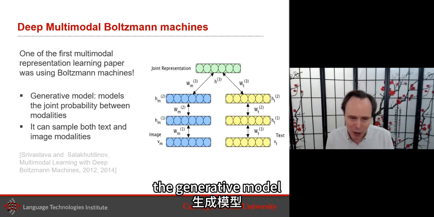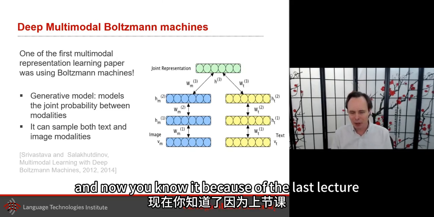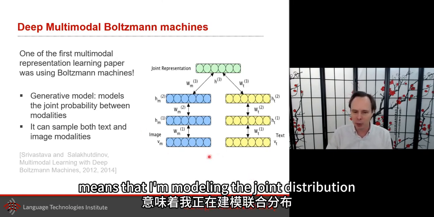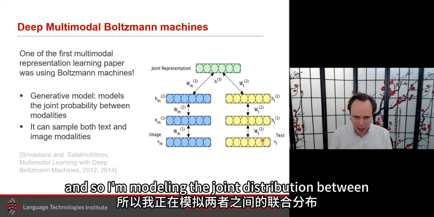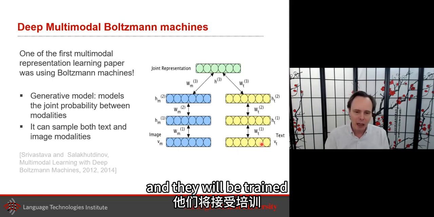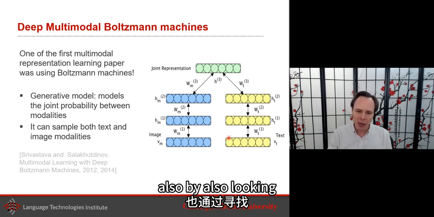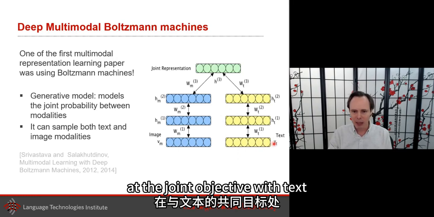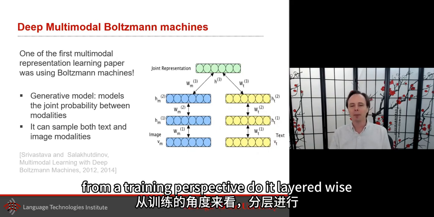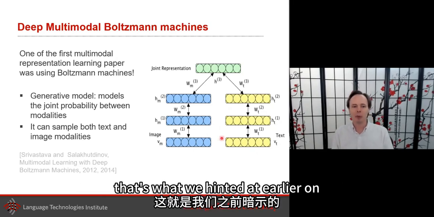A generative model, and now you know it because of the last lecture, means that I'm modeling the joint distribution, in this case between text and images. It will also be trained by looking at the joint objective with text and then the hidden representation. From a training perspective, we do it layer-wise. That's what we hinted at earlier on.